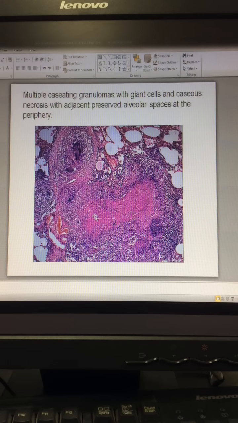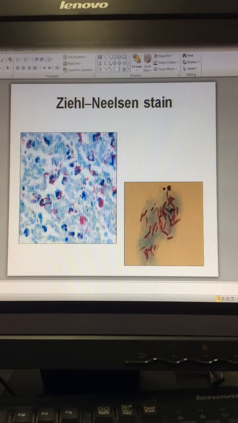It is granular eosinophilic material accumulated in the center, surrounded by lymphocytes with scattered Langhans giant cells or multinucleated giant cells. On application of the ZN stain, the acid-fast bacilli appear red and elongated on a blue background of the necrotic material.